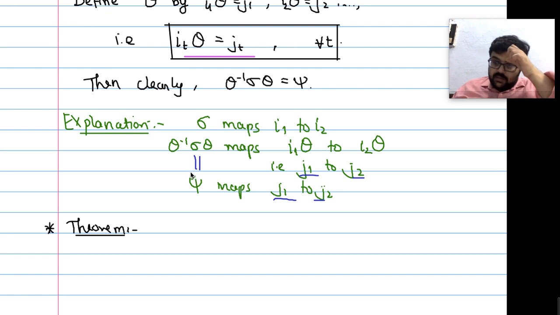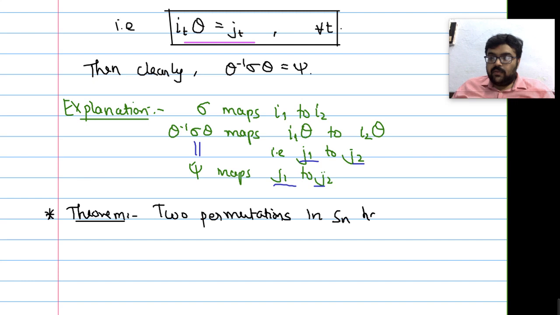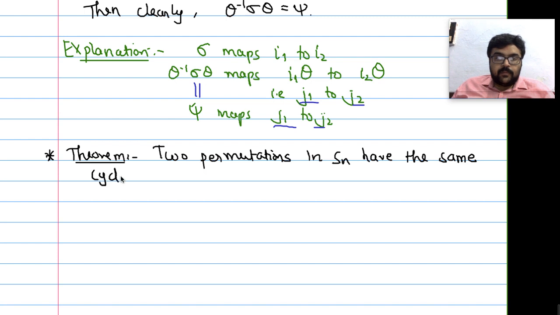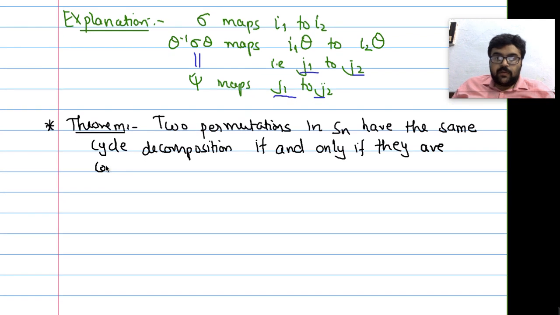So combining this, we can write: two permutations in Sn have the same cycle decomposition if and only if they are conjugates of each other.